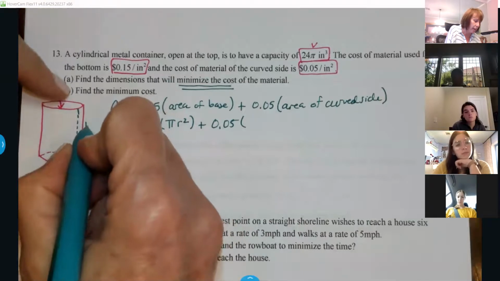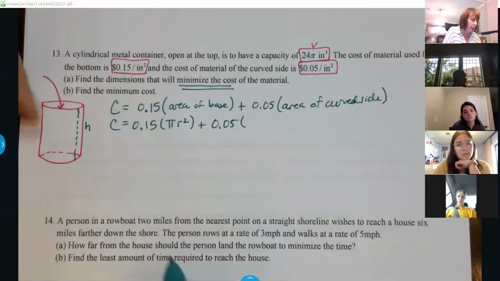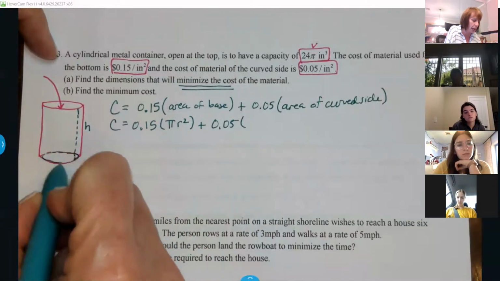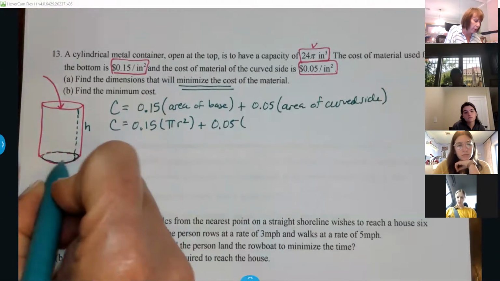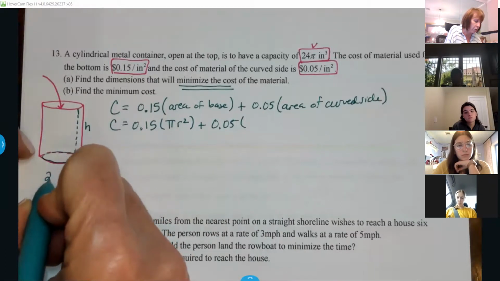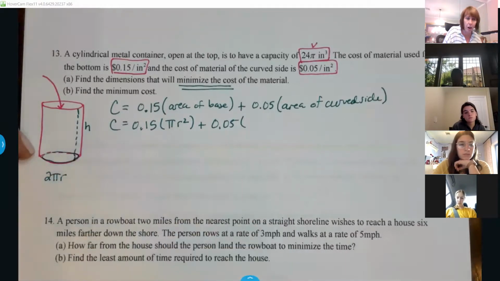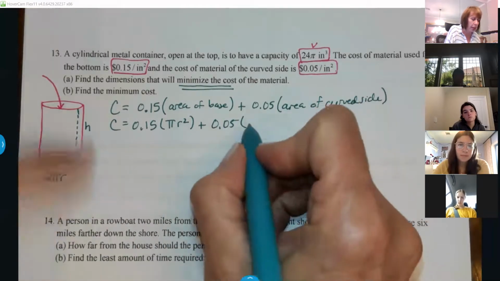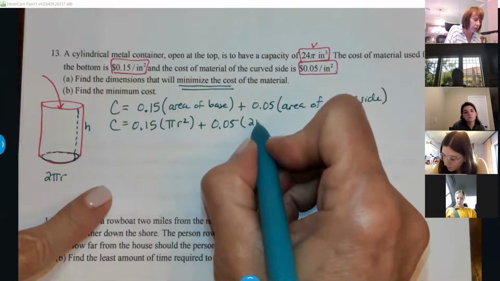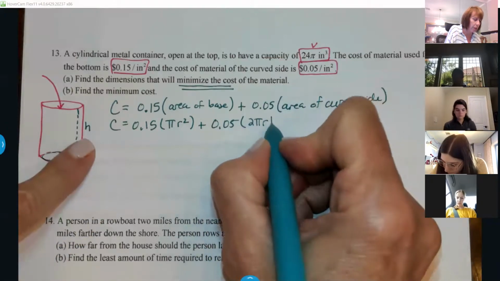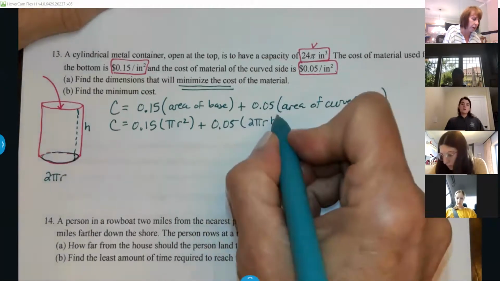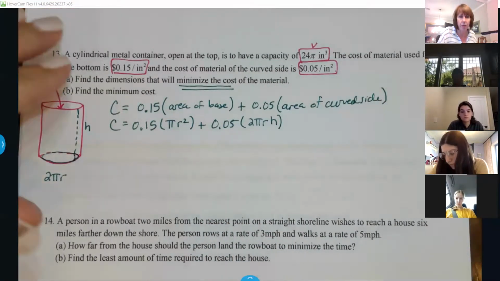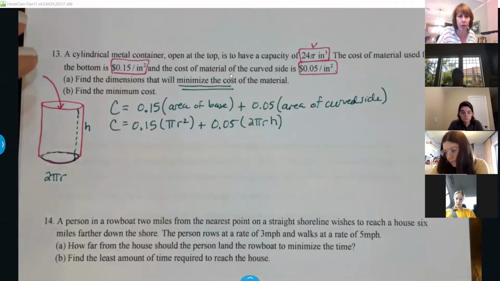It would have a height, we'll call it h, and then the width of it would be the circumference of this base, right? So the length of it would be the circumference, which I need you to know is 2 pi r. That's our circumference. So the length times the width would be the circumference times the height there. So that's how I set that up. That's my cost equation.